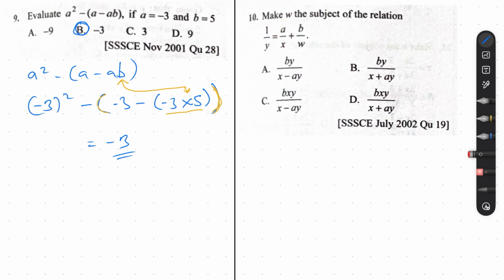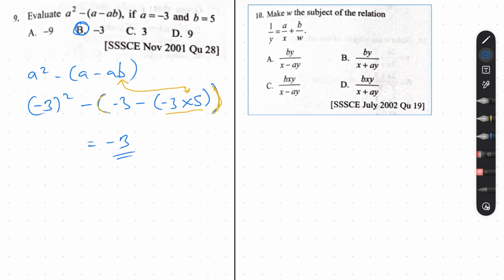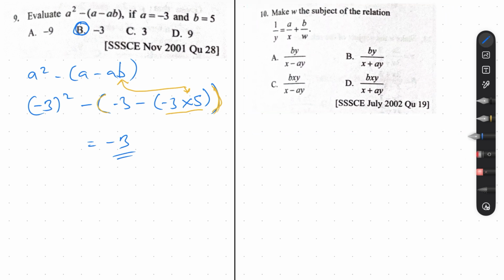Cool. So let me just make this smaller so we have enough space. All right. So we have 1 over y is equal to a over x plus b over w. So we want to move this expression to this side.